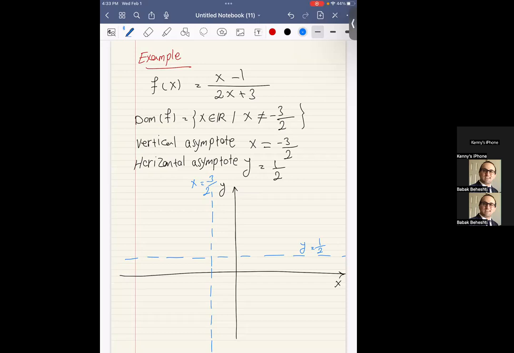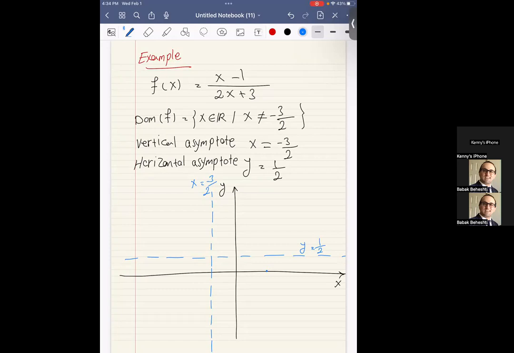Now, how to draw the graph? It's enough to find the y-intercept or x-intercept. The x-intercept is x equal to 1.